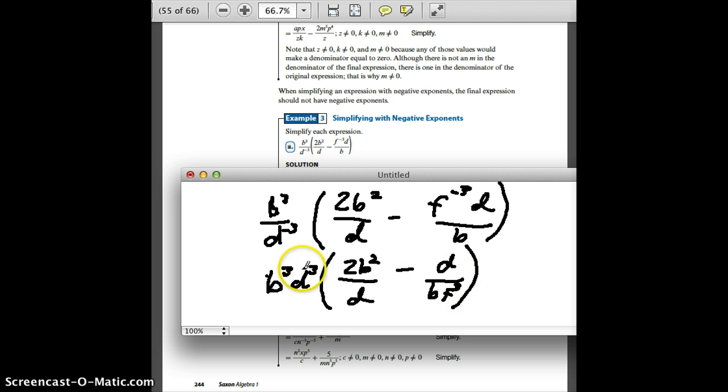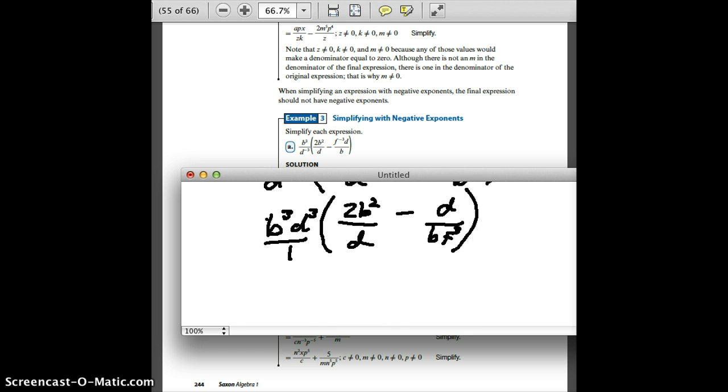Now you can go ahead and multiply, distribute. So B to the third times D to the third, remember that's over 1, because it's at the top, and we just moved the D to the negative 3 up here, and 1's underneath.